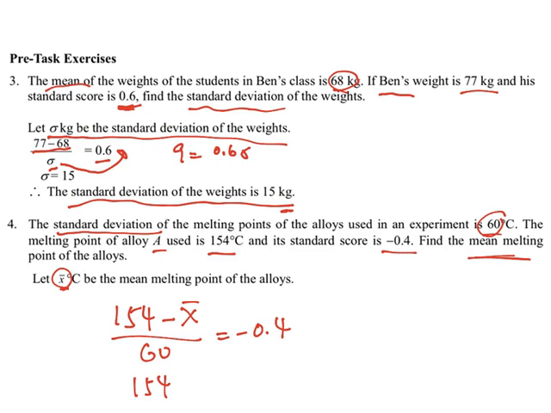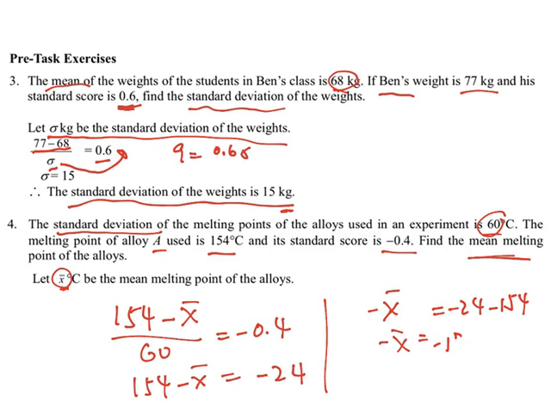So 154 minus x bar equals, moving 60 to the right hand side, negative 24. We need to find the mean, so we move 154 to the right hand side, and it becomes 178, with the negatives cancelling.